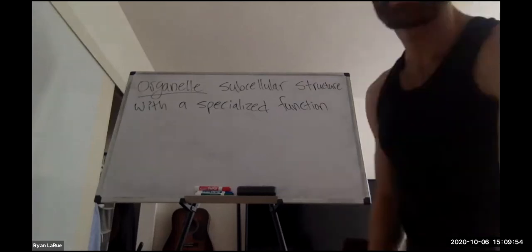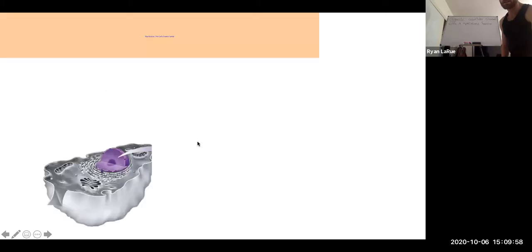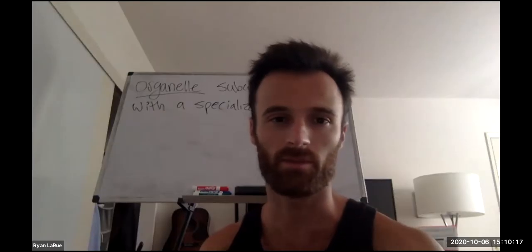So we're going to look at a few. The first one we're going to look at is the nucleus, the cell's control center. Now, I'm sure some of you are thinking, didn't we already discuss the nucleus in the last unit?